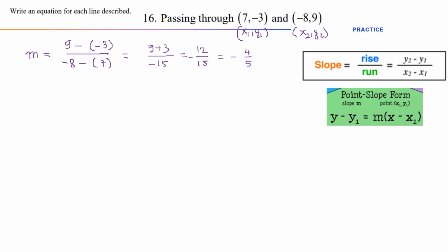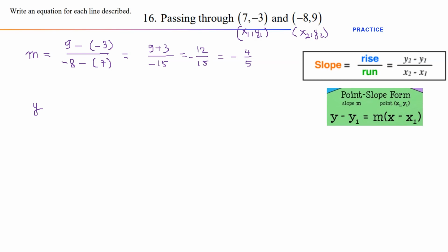Now we just plug in. I always choose the point that has the smaller x and y values. So compare 7 and negative 3, 8 and 9. I will choose the first one.